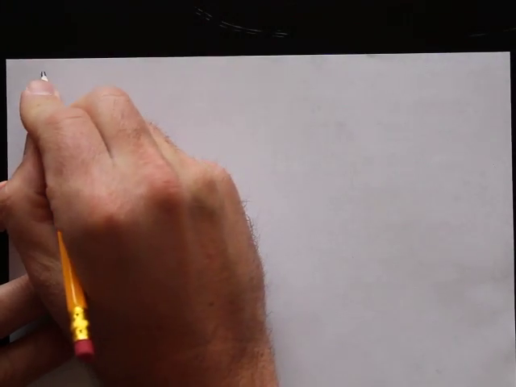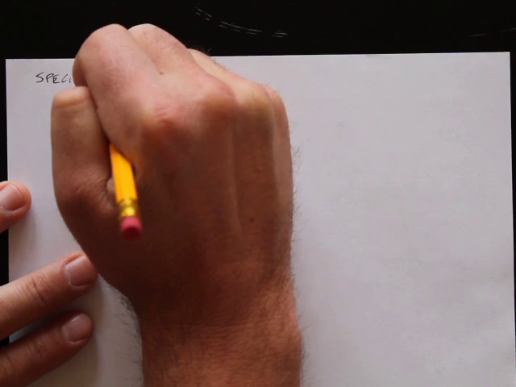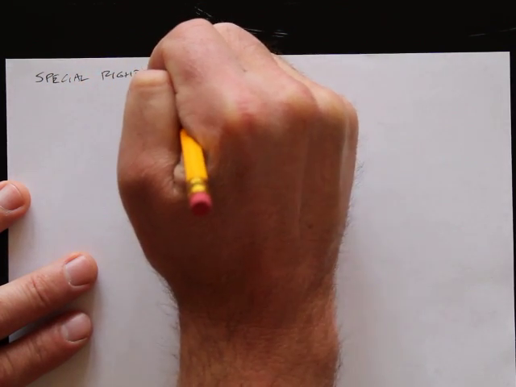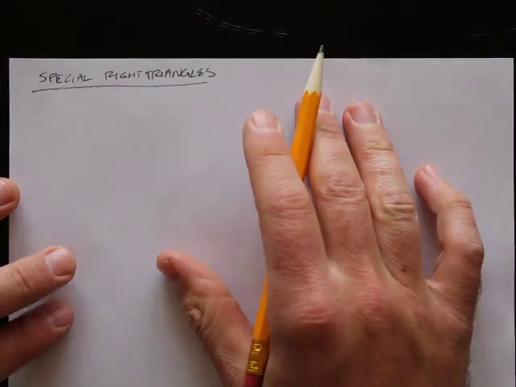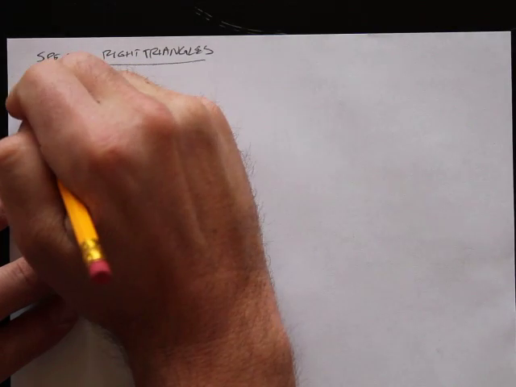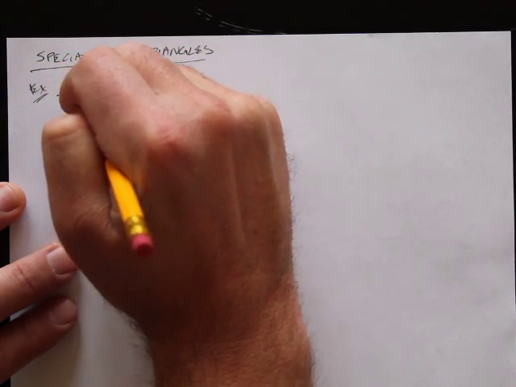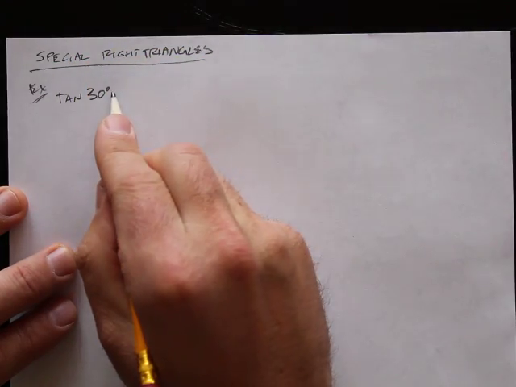Special right triangles. So here's an example. Tangent of 30 degrees equals.